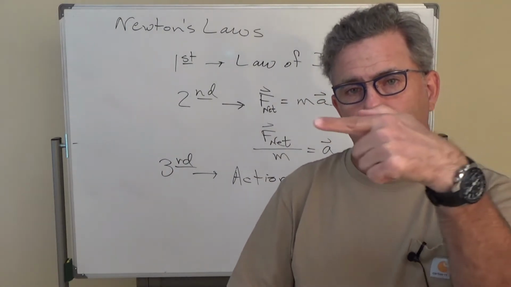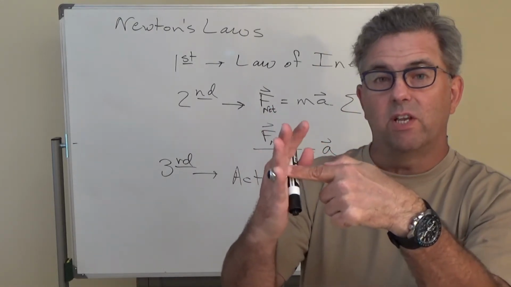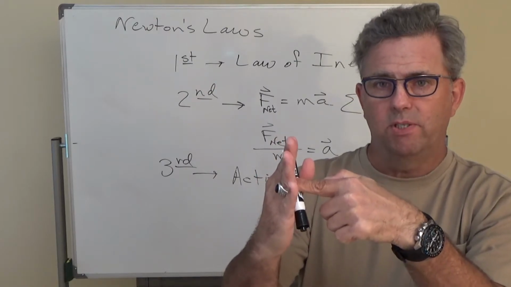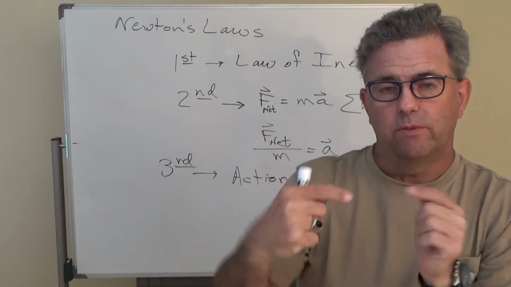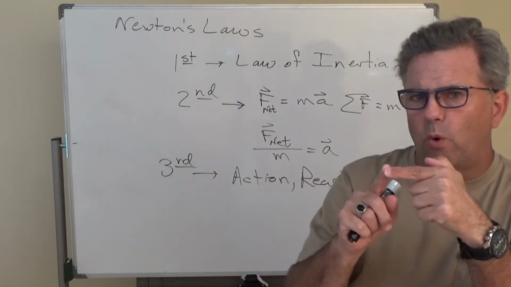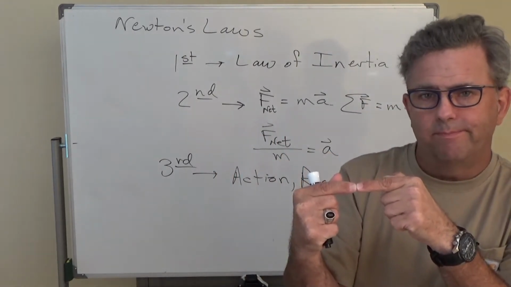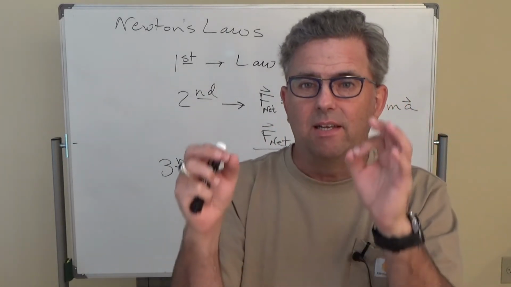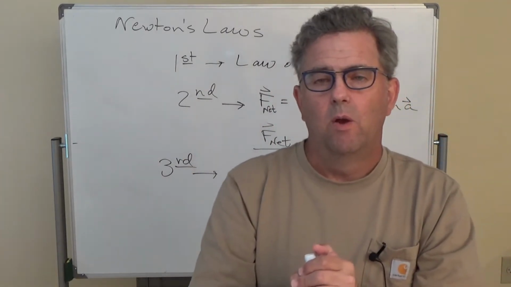Meaning if I'm acting on an object with a force, say in this direction, there is an equal and opposite force acting on me in that direction. Okay? It's not like that I'm pushing the object and this force is just a little bit bigger than that reactive force. Mm-mm. They are exactly equal in the opposite direction. Okay?